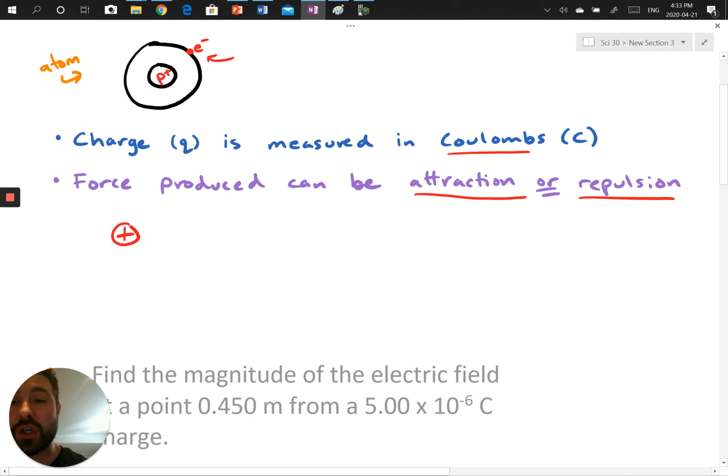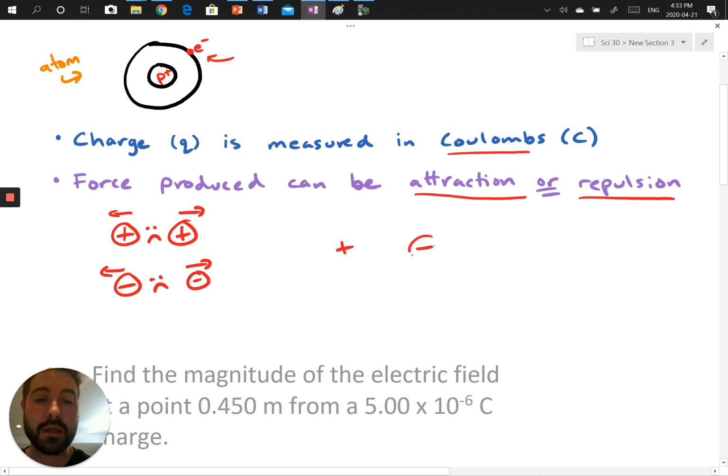If we have like charges, they don't like each other, so they are going to repel away from one another. If we have charges that are opposite, those two charges are going to move towards each other. They love each other, and so that would be an attractive force.